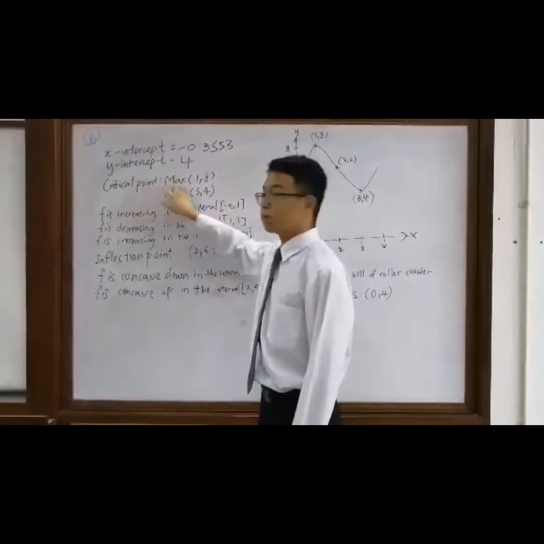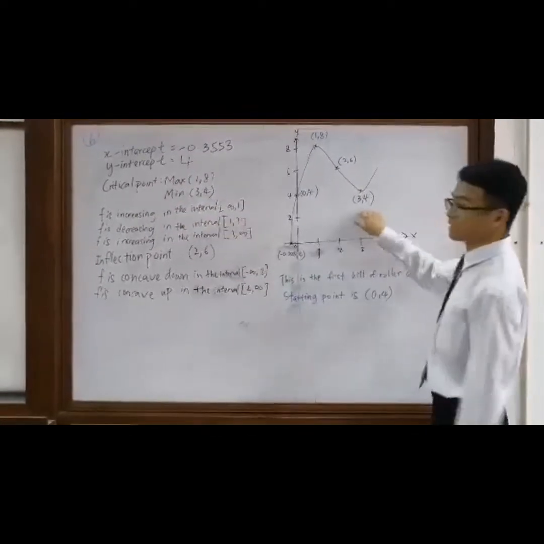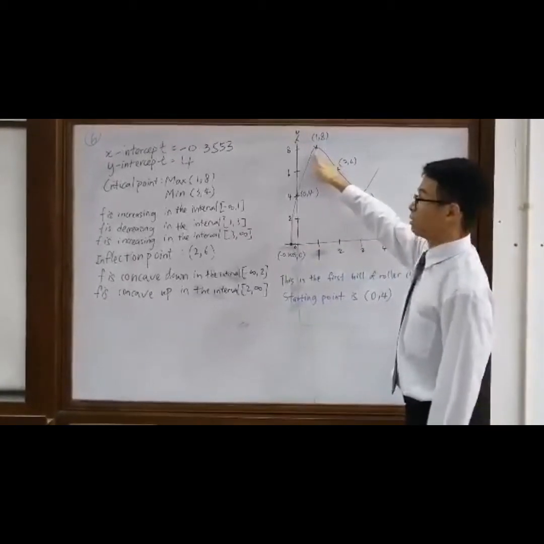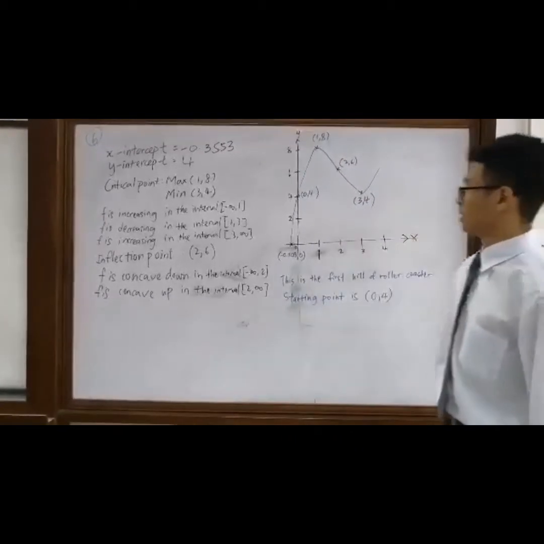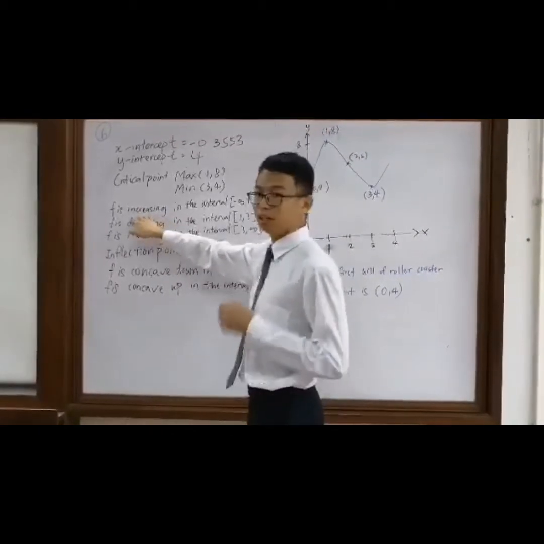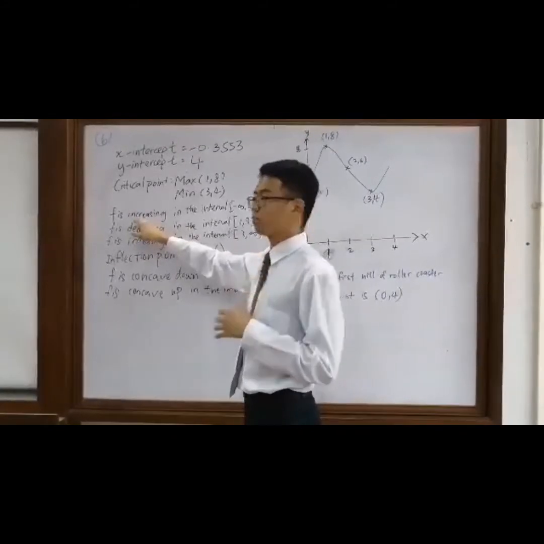The critical points: the maximum point is 18 and the minimum point is 34. You can see in this graph we have stated clearly that the maximum point is 18 and the minimum point is 34.